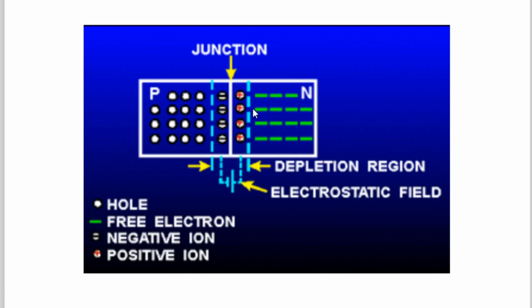So when you combine this material with that material, what happens? The excess electron of that atom jumps from this side to that side.